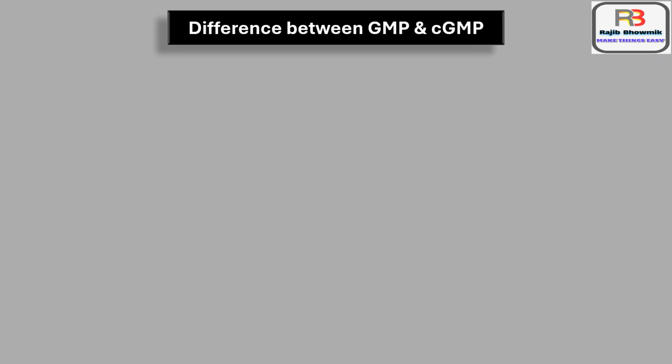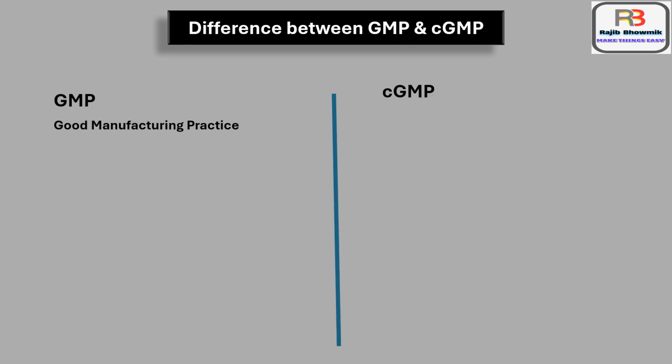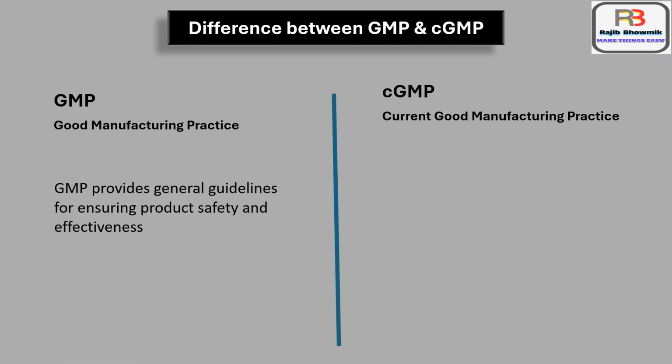Now let us understand the difference between GMP and CGMP. GMP means good manufacturing practice, whereas CGMP means current good manufacturing practice.